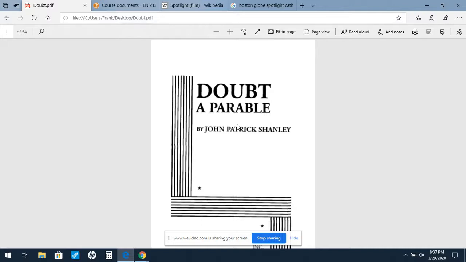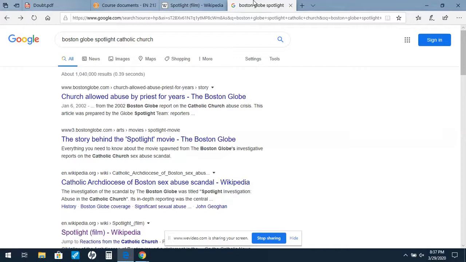In 2002, I'm going to just show you this from a basic Google search. In 2002, the Boston Globe, one of their special investigative units called Spotlight, published on January 6, 2002, an article that had resounding effects throughout the world, and the title was "A Church Allowed Abuse by Priest for Years."